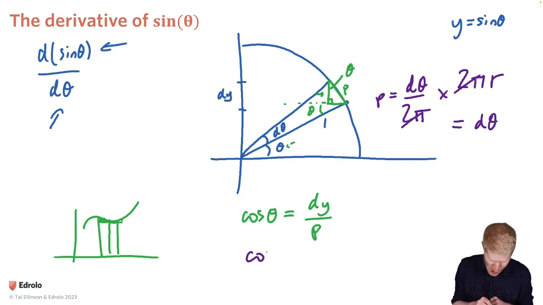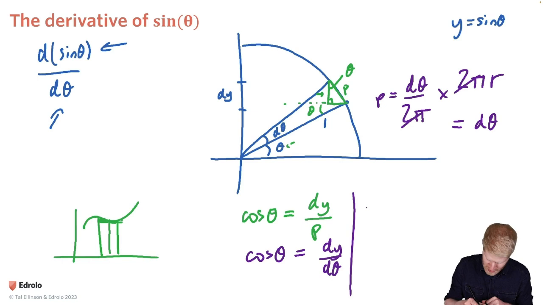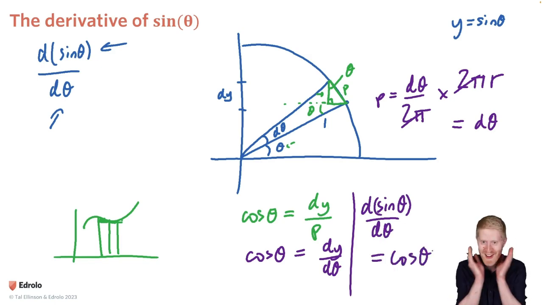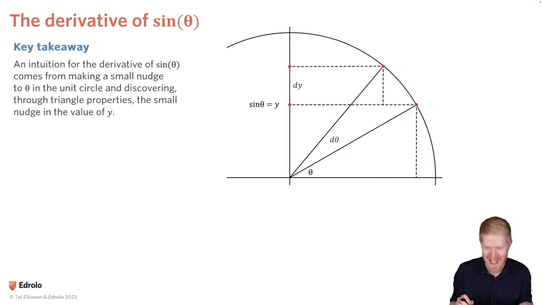So we have cos of theta is dy d theta, or in other words, if y is sine of theta, d sine theta d theta equals cos of theta. It's pretty incredible. Just by nudging theta a bit, applying some geometry, finding what the resultant nudge in y is, we've found an understanding for the derivative of sine of theta.